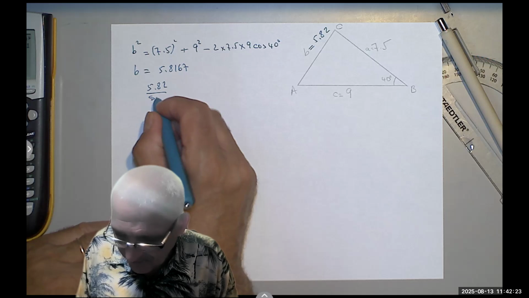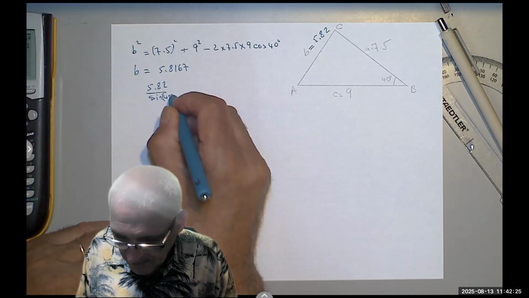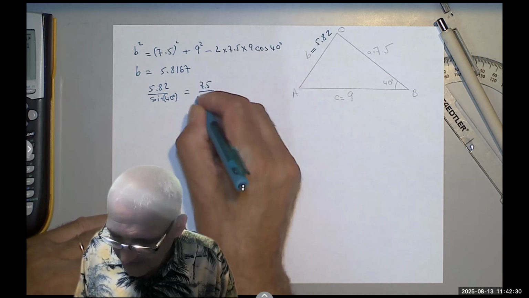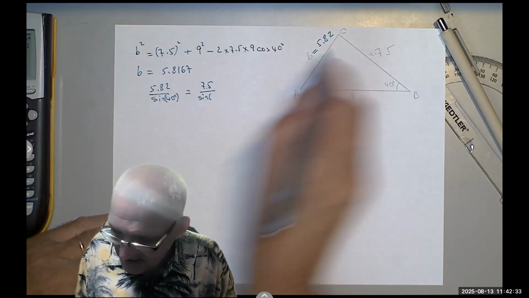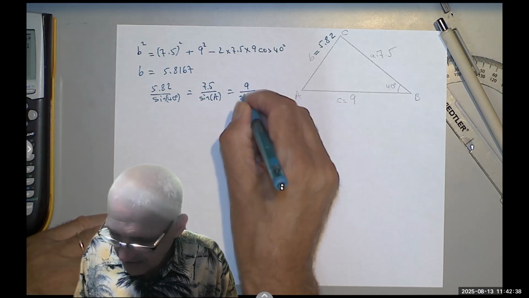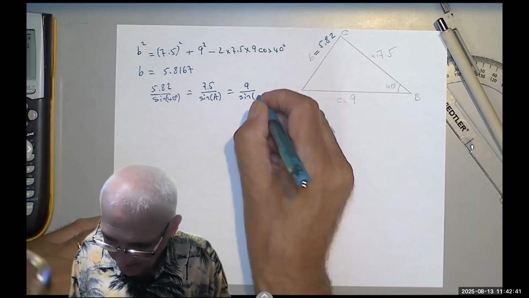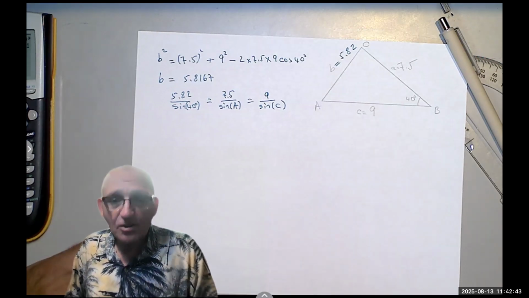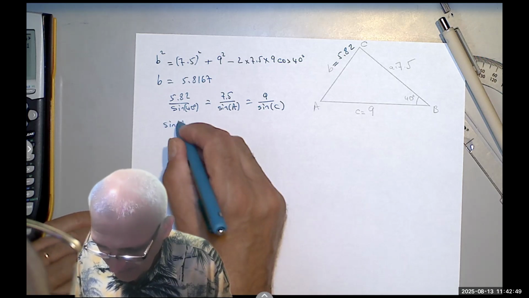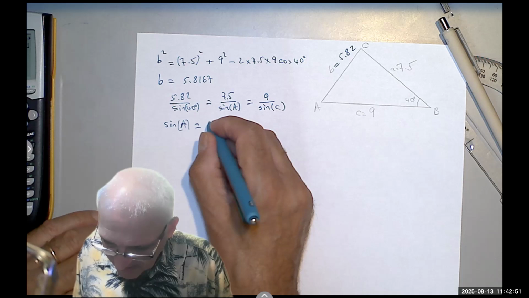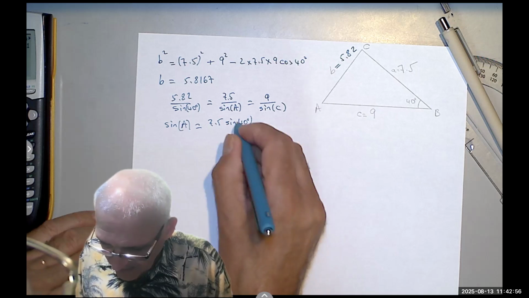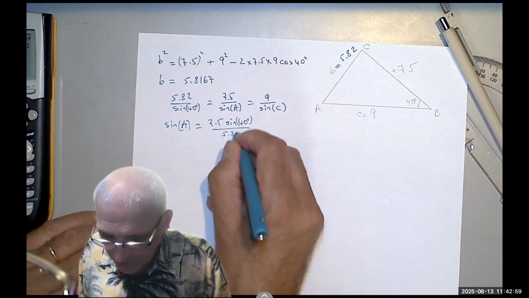And now I can say that 5.82 over sine 40 is the same as 7.5 over sine A equals 9 over sine C. So to solve for sine A, I can say sine A equals 7.5 sine 40 degrees divided by 5.82.